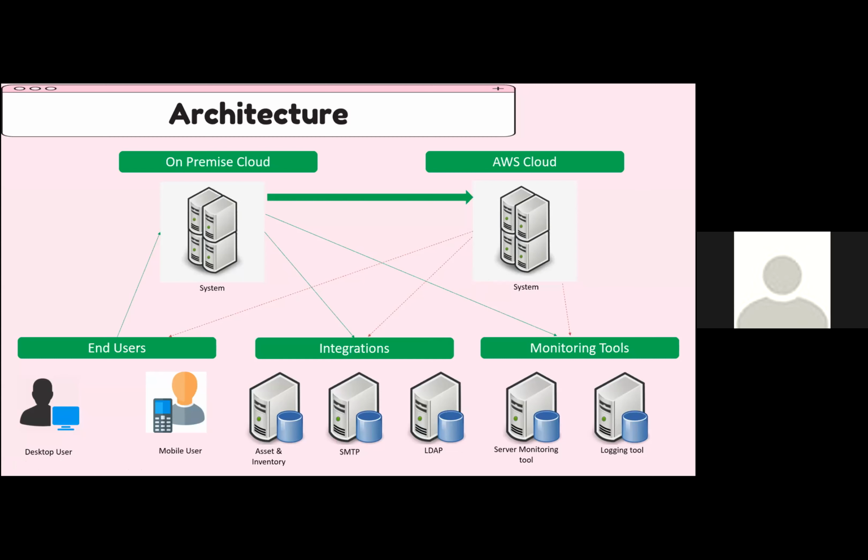It depends on the agreements or contract with your client. If the client will stick to their corporate SMTP and LDAP, that's what we as vendor need to follow. Same thing with the monitoring tools. We know that AWS has its own monitoring tools, but we made use of their centralized monitoring tool. So we have here a tool for the server monitoring and logging.